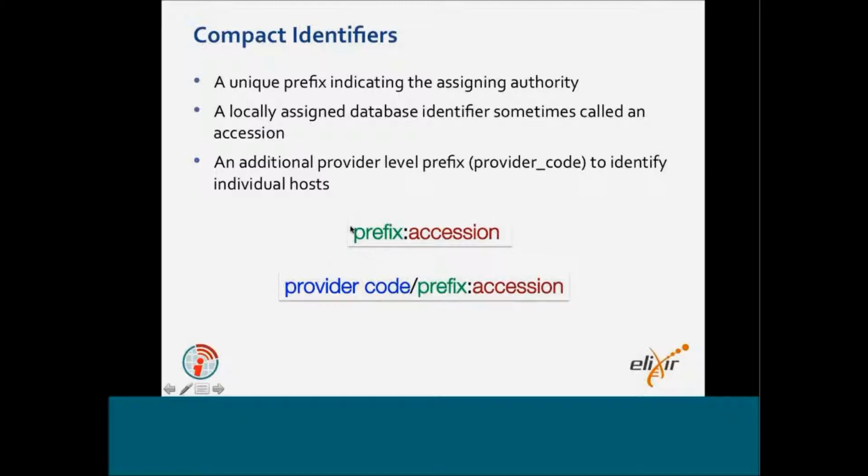It has a prefix, which indicates the assigning authority, and then we have the accession number, which comes from the database itself. And when there are multiple resources providing the same content, you can use the provider code to point to a specific resource.